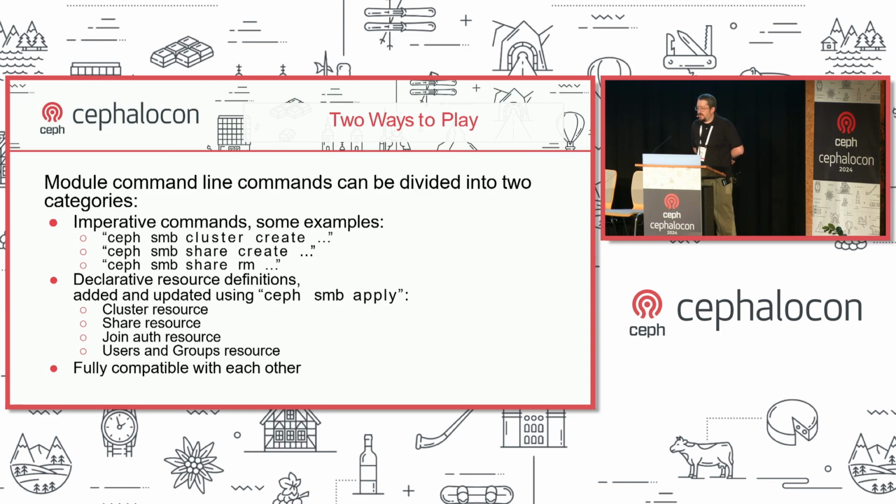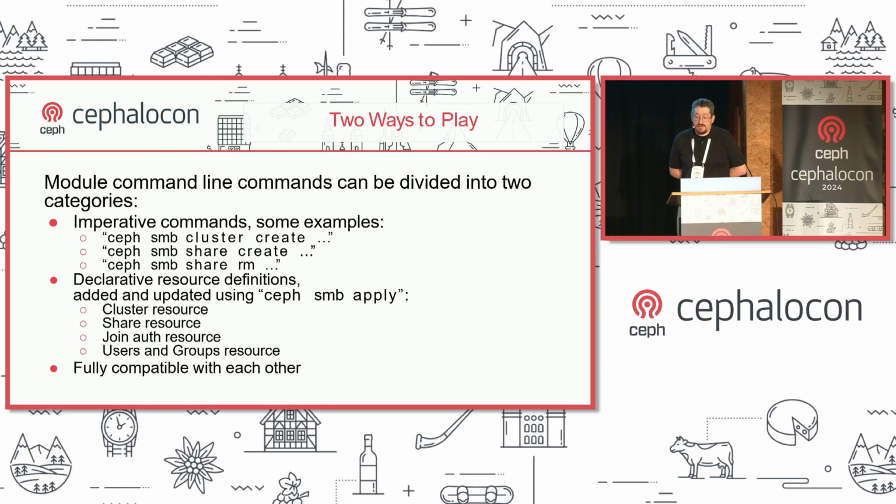These are applied using a Ceph SMB apply command, and the resource types that we work with are cluster and share, as mentioned before. We also have join authentications, and users and groups resources for clusters that aren't joined to Active Directory.